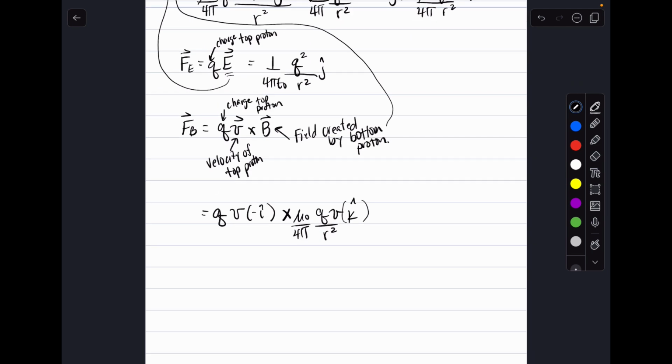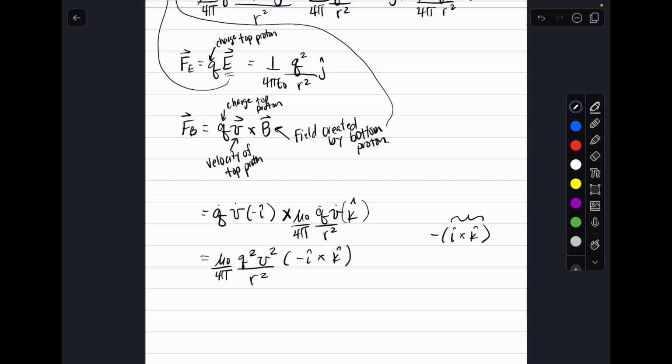So when we do this cross product, we're going to bring all these constants out to the front. So we get mu naught over 4 pi. A q here gives me a q squared. A v here gives me a v squared, all over r squared. And the direction of that is negative i hat cross k hat. So what is negative i hat cross k hat? The way I would approach doing that is I would first pull out my negative and look at i cross k.